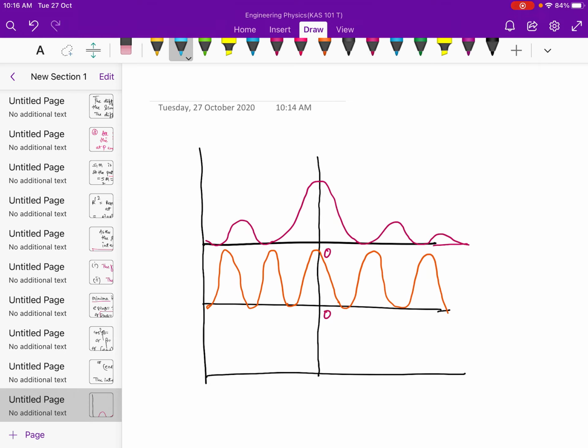Give the names 0, pi, 2 pi, minus pi, minus 2 pi. Here it is 0, pi, 2 pi, 3 pi, and the resultant is like this.